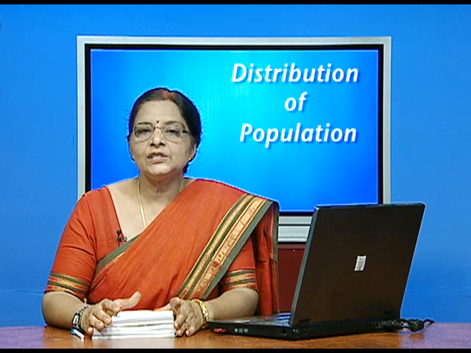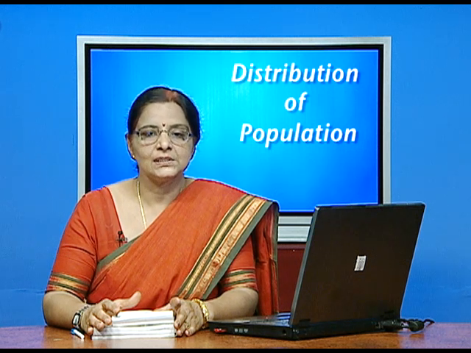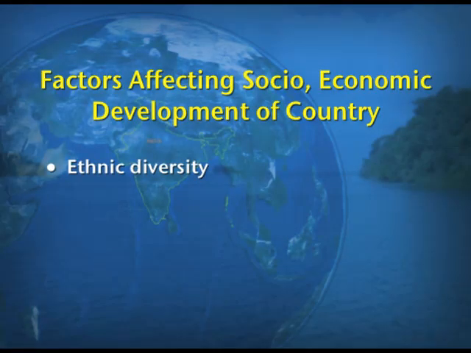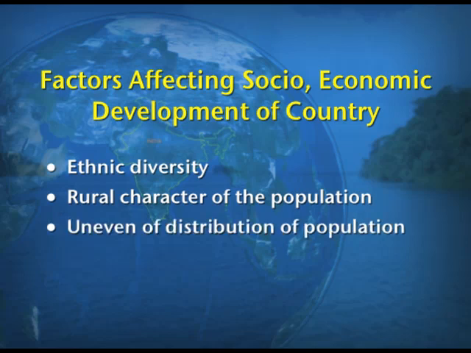So, with a wide range of social, political and economic implications, there is ethnic diversity, rural character of the population and, of course, the uneven distribution of population. All these factors affect the process and the phase of socio-economic development of the country.